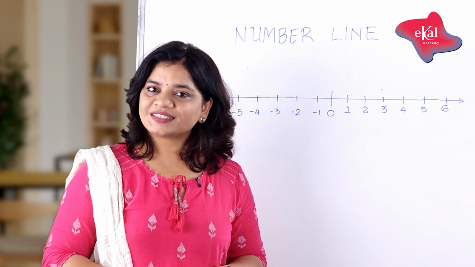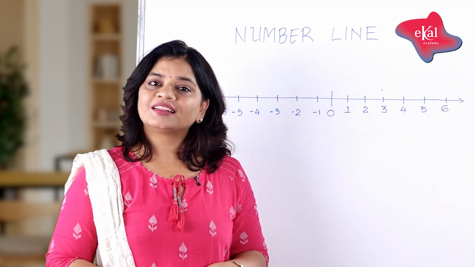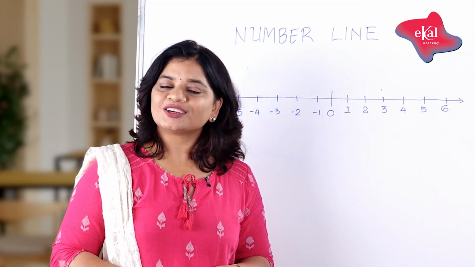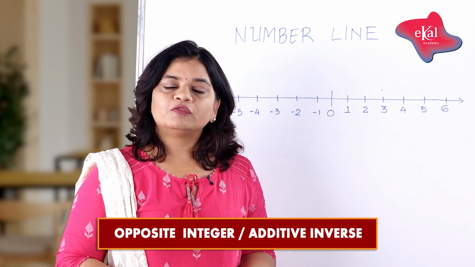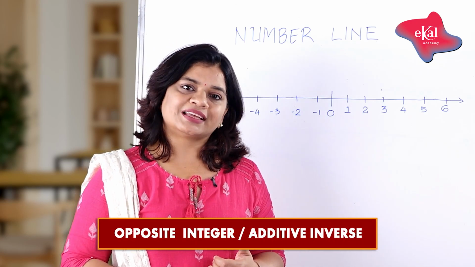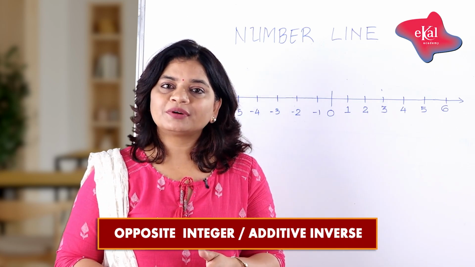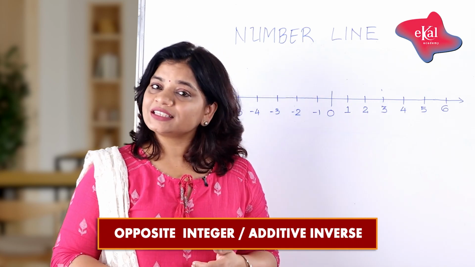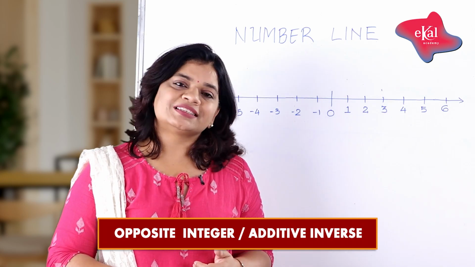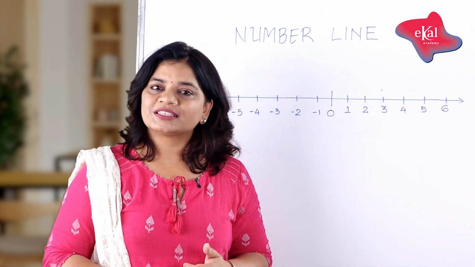As we learned just now, additive inverse is another term given to the opposite of a number. If you are finding the opposite of any number, we just have to reverse its sign. If it's a positive number, its opposite will be a negative number. If a number is negative, its opposite or its additive inverse will be a positive number.